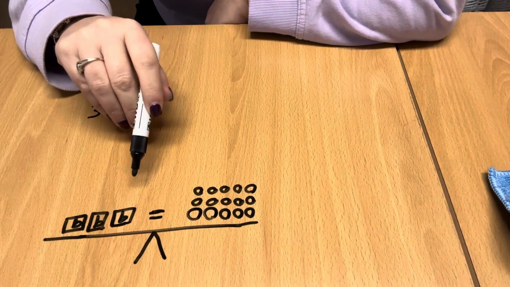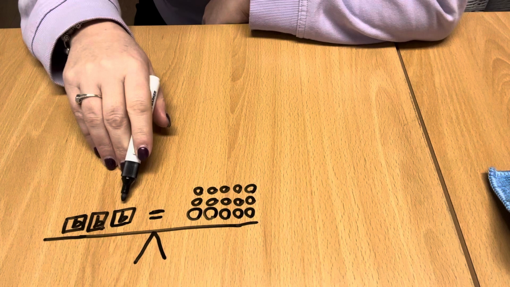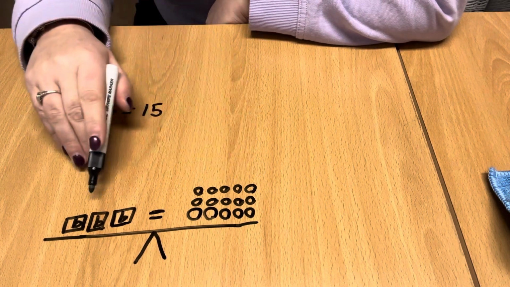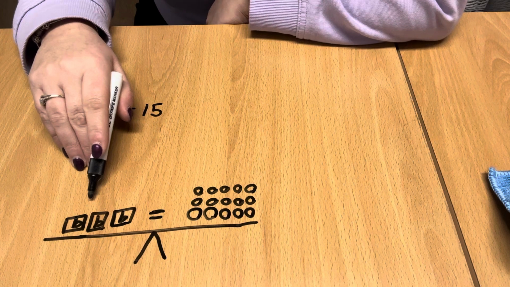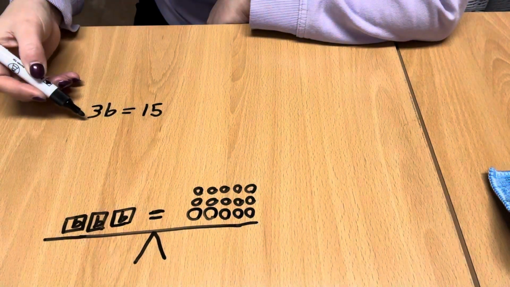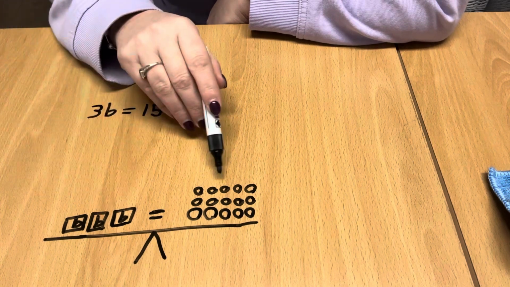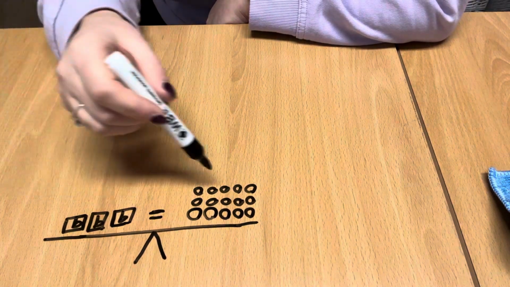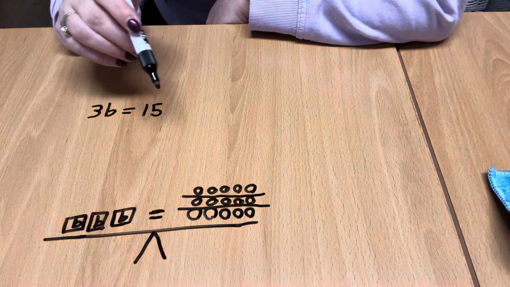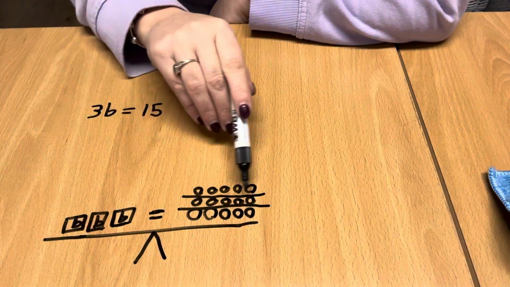That bit you can take for granted with algebra. So what we're trying to do is share the 15 counters between the 3 boxes to work out what the value is in one box. To do that, we're going to divide. If we look at this, I can divide that into 3 groups, and that leaves the same amount in each one.